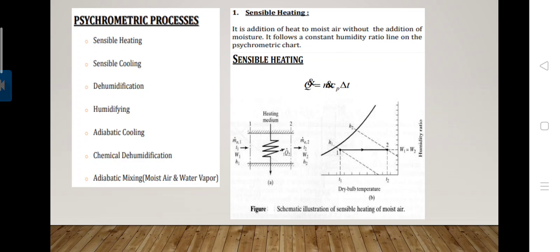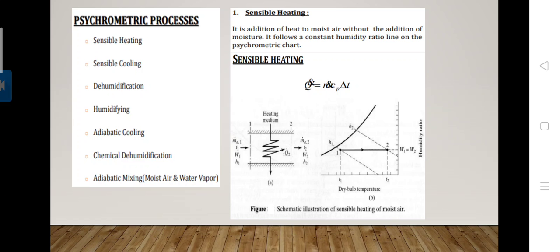If air is passed over a heating coil, as we can see in the figure, there is a heating medium, and there will be sensible heating. The coil may be an electric resistance heating coil, or steam or hot water is passed through the coil.